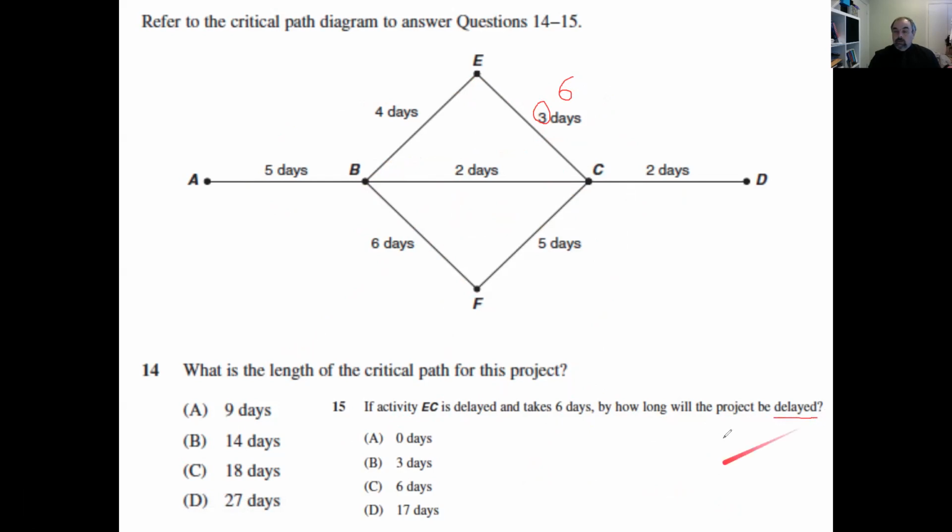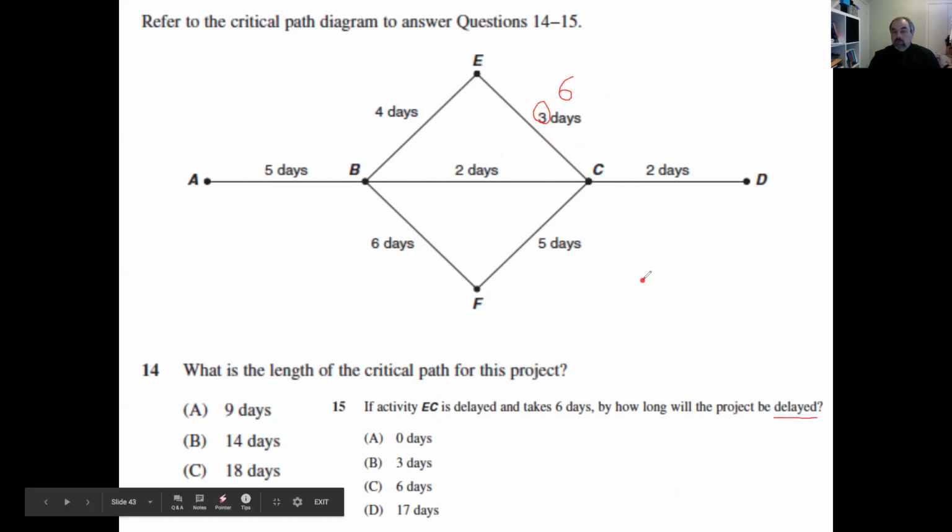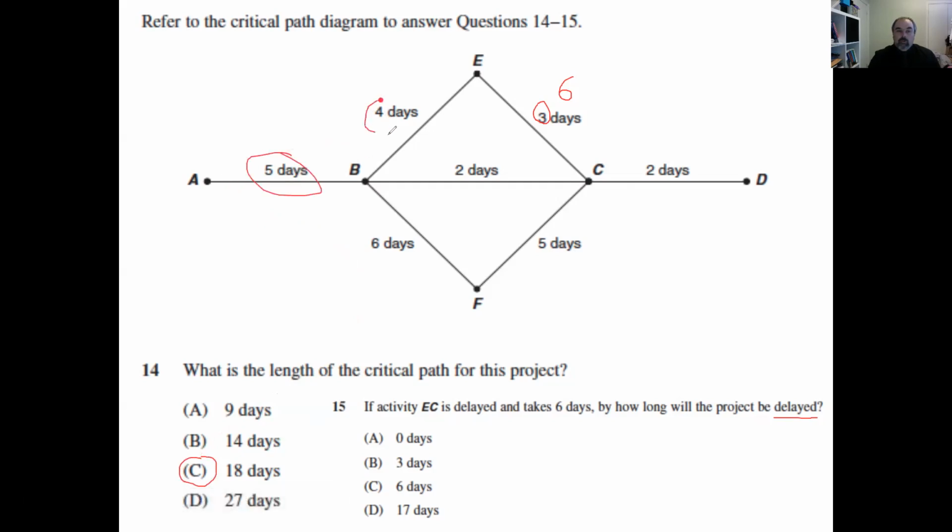The idea of delay means we're going to compare the days to the previous answer. So if we add these up, we've got 5, we've got 4, that's 9. Now we've got 6, which is 15, and that's 2. So that's making 17 days.